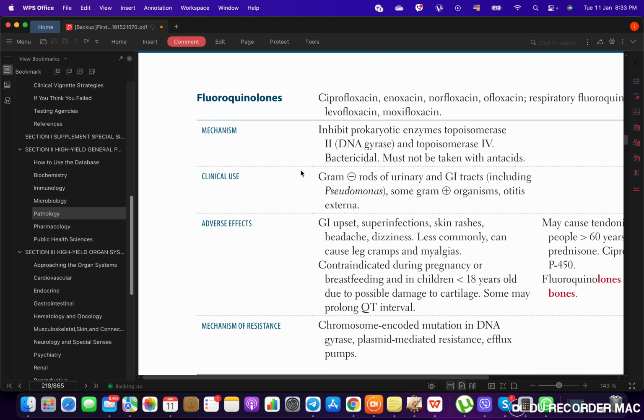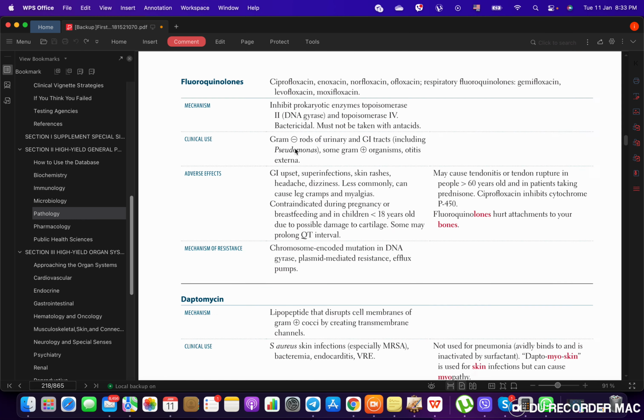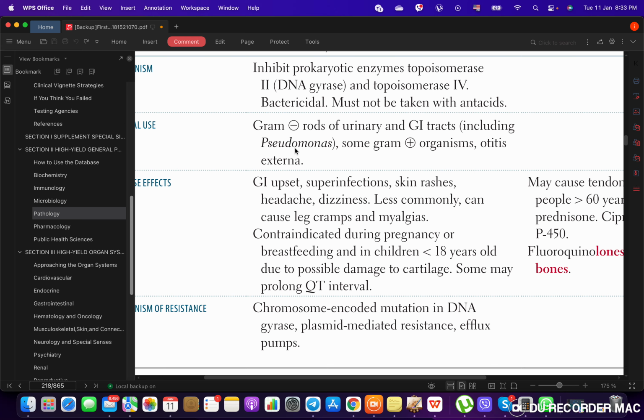So when we inhibit the topoisomerase, it will not be able to remove the supercoils. So there will be entanglement, which will lead to less DNA replication and thus less DNA expression. Yeah? Less gene expression, which leads to the death of the cell.